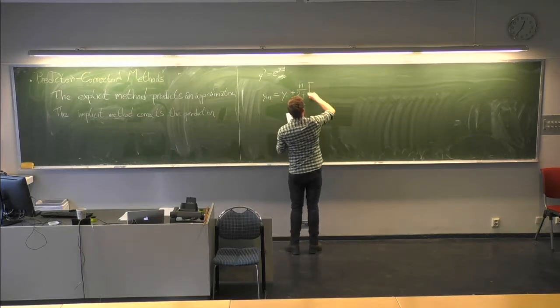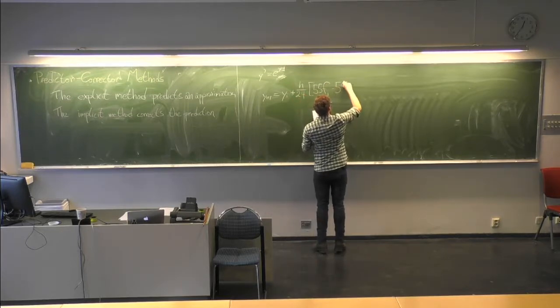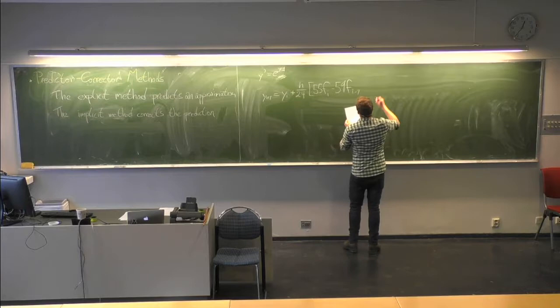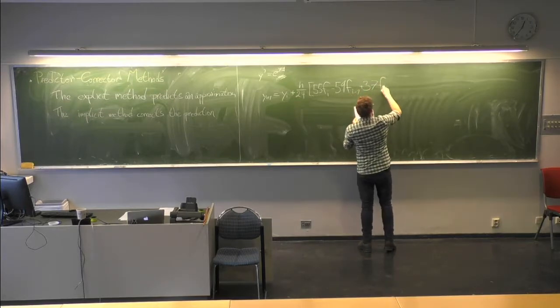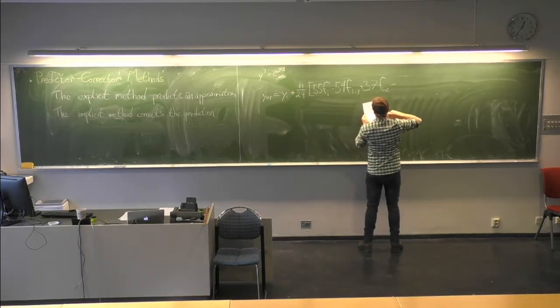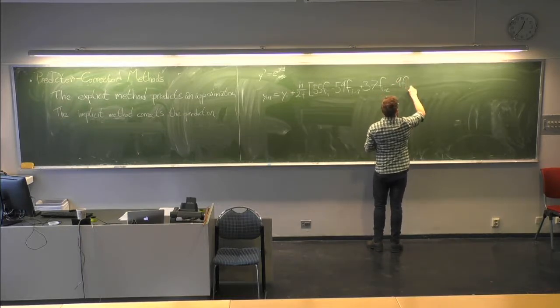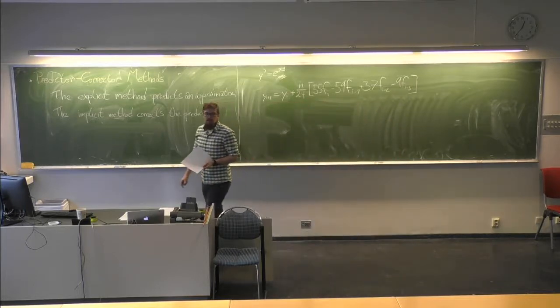Last lecture we figured out how to actually create these. 9f_{i-3}... Okay, so is this an explicit method or is it an implicit method?